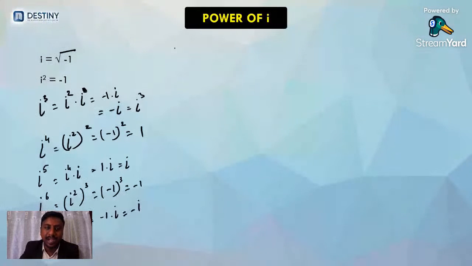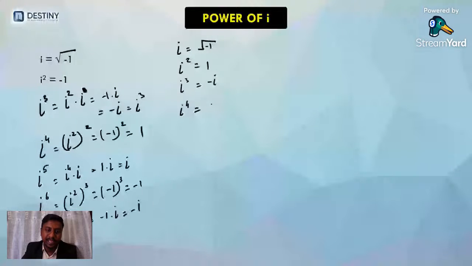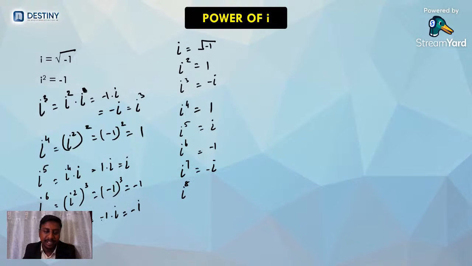So you can represent that i is equal to root of -1, i square equals -1, i cube equals -i, i power 4 equals 1, i power 5 equals i, i power 6 equals -1, i power 7 equals -i. Then i power 8, how can I write? I can write i power 4 squared, that means 1 squared, it will become +1.